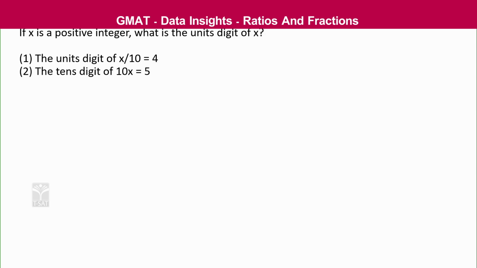Today's first question is: if x is a positive integer, what is the units digit of x? Okay. So, what is the question asking? The question is asking the units digit of x. Statement 1 tells us that the units digit of x/10 is equal to 4.